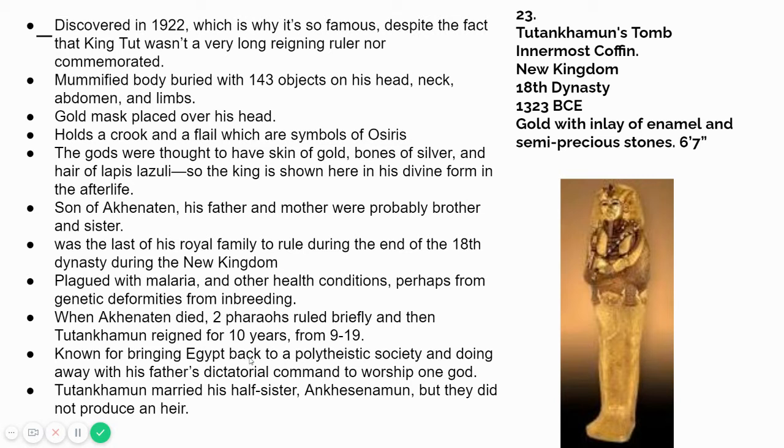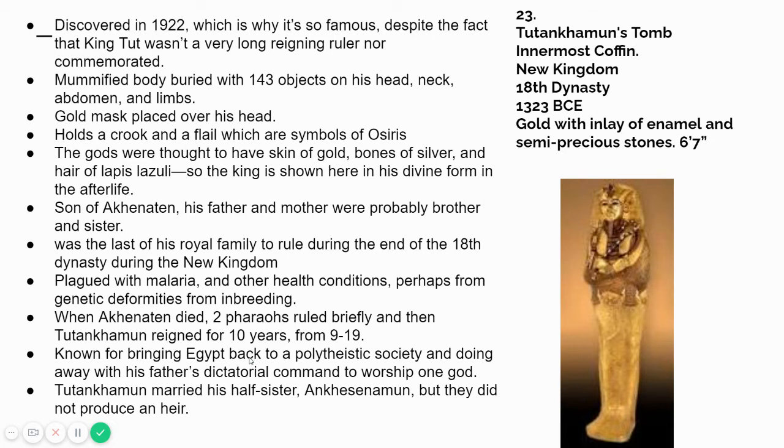We are looking at pure gold, not an alloy or anything like that, but pure gold with inlay of enamel and semi-precious stones. It stands 6 feet, 7 inches. It was discovered in 1922, so honestly, not that long ago.